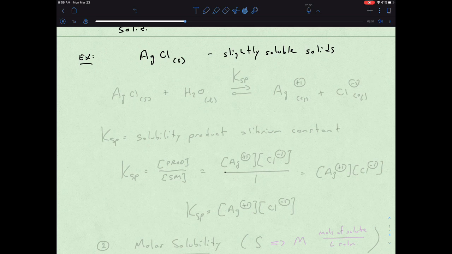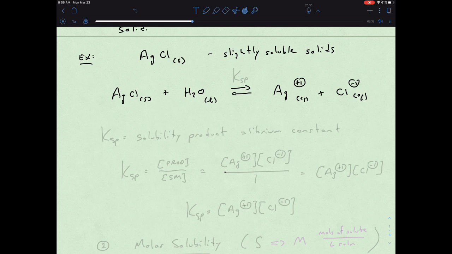So we would want to write that in terms of the solid starting material. We have H2O as well for the other starting material, and now we're just showing the ions that dissociate upon that solid going into solution. And so here we have our silver ion and our chloride ion being produced.